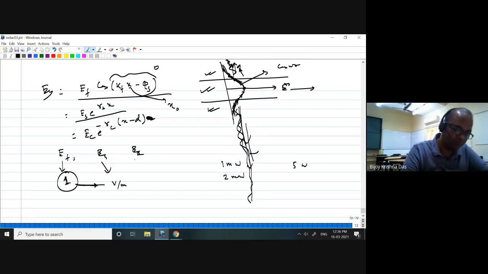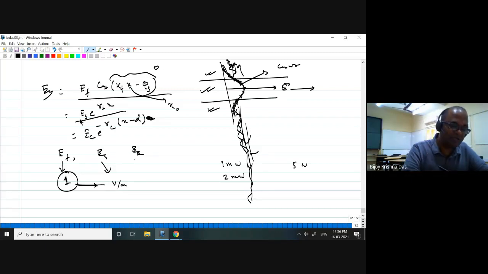Suppose for a given field strength, instead of E equal to 1 volt per meter, I am considering just 1 milliwatt, 2 milliwatt, 5 milliwatt. Can I consider this 1 volt per meter? It's not, right? Because as you keep on increasing the power, the E value keeps on increasing.